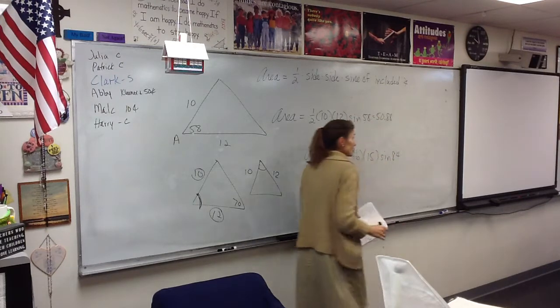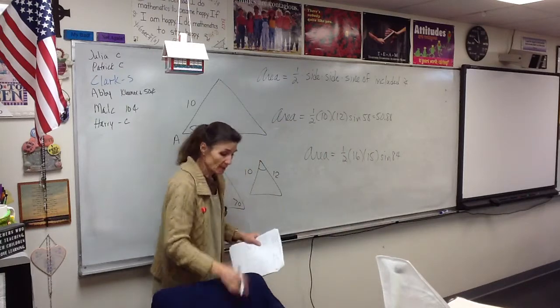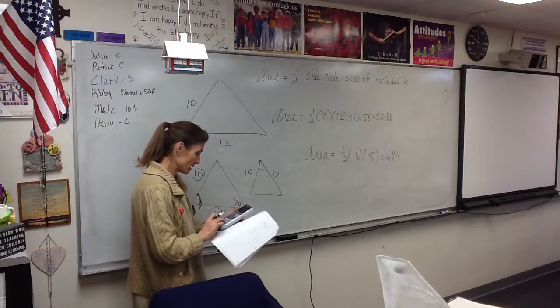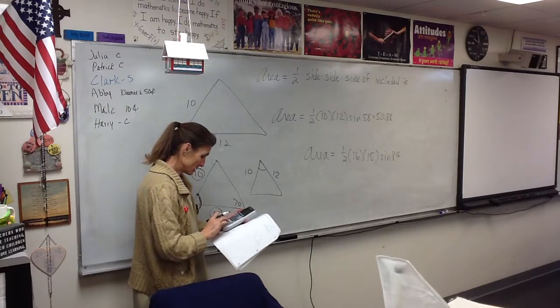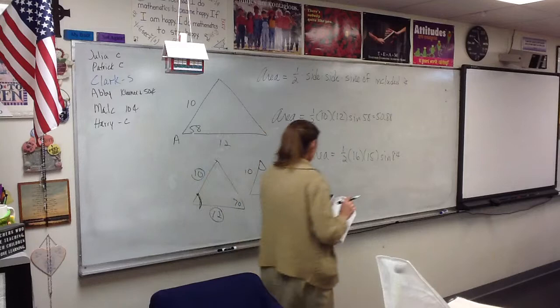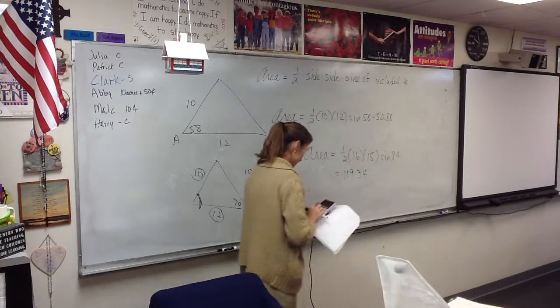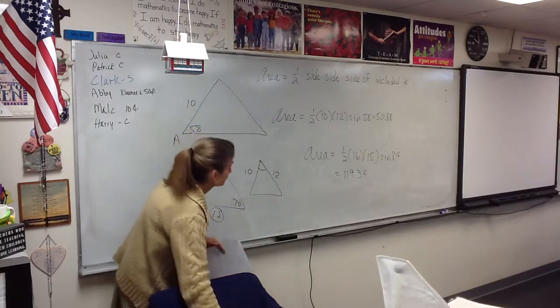Bingo, that's all there is to it. Type it in. 1/2 times 16 times 15 times sine 84. I got 119.34. That was my guess. That's exactly my guess.